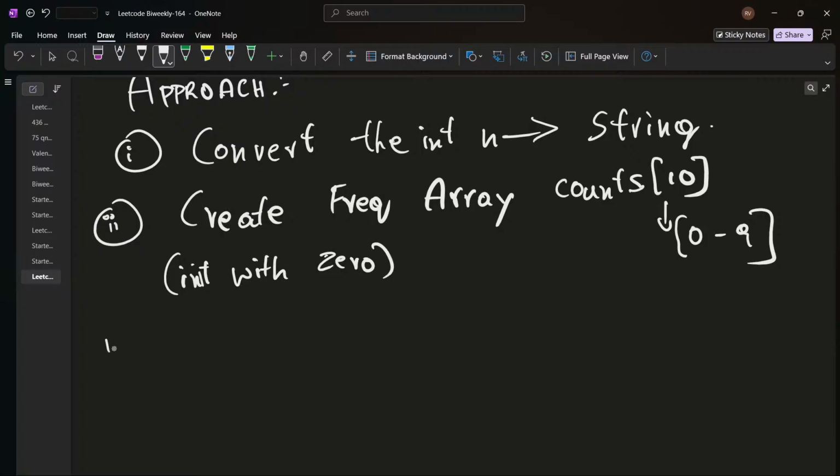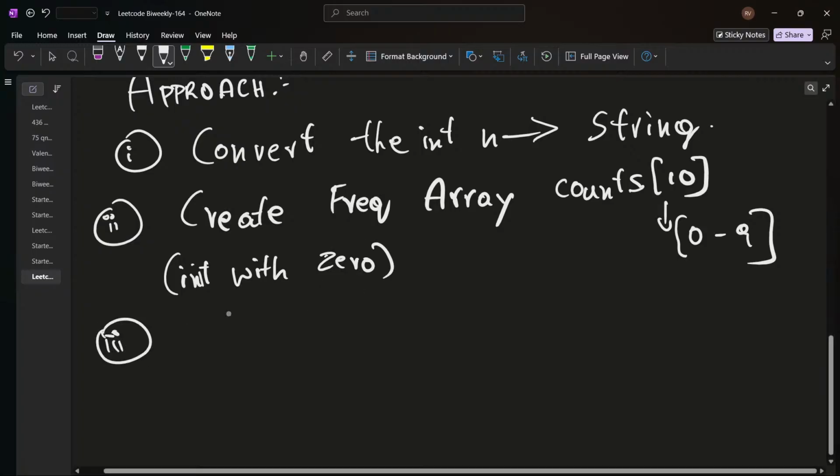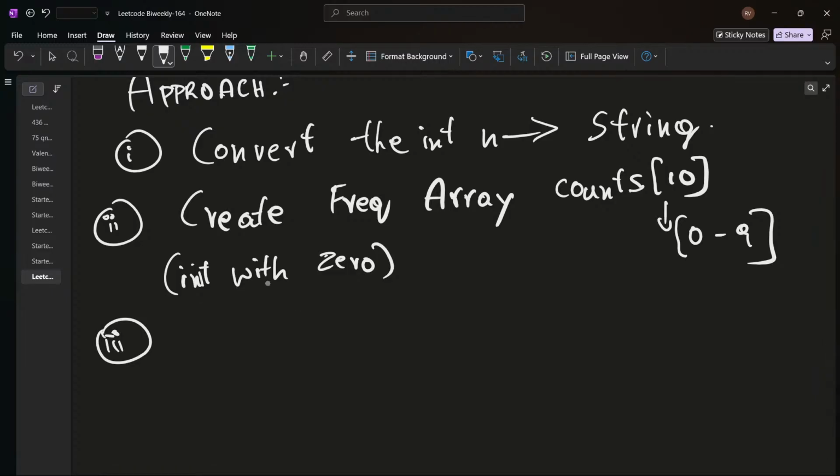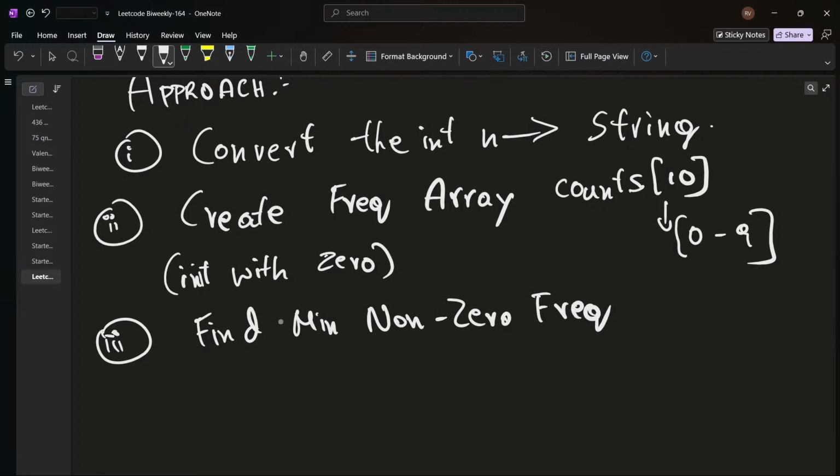Done. In the next step, just update this. Find the minimum non-zero frequency. We'll simply ignore the digits that are not appearing.